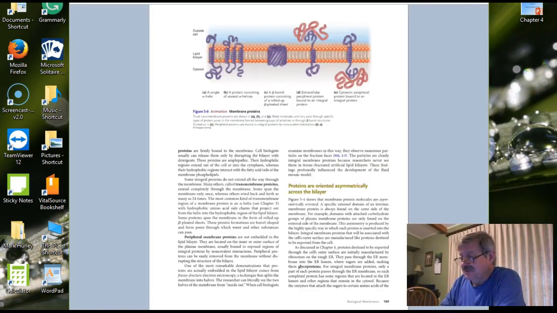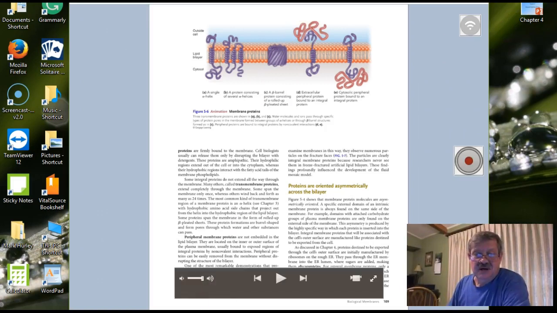Okay, this was the idea that these proteins are oriented in a specific direction. So the characteristic of the outer portion of the protein is different from the inner portion of the protein. So the proteins have to be oriented in the correct direction across that membrane.